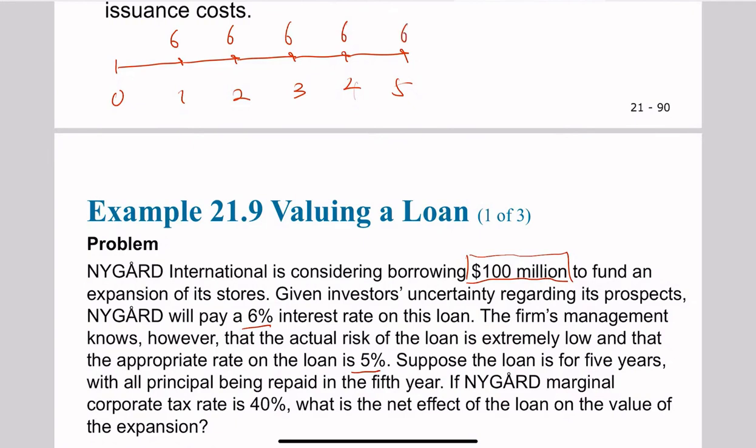And for the 5th year, the firm will have to pay the $100 million face value, right? So at the end of the 5th year, the cash flow would be 6 plus 100. Now, if you want to do the valuation exercise here, you can pretty much discount these cash flows with the debt cost of capital, and you will find out what is the present value of these cash flows.